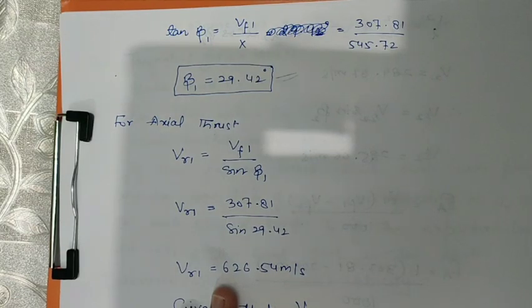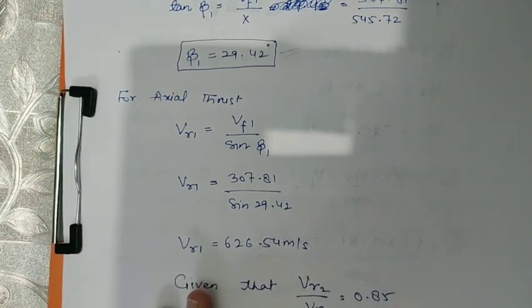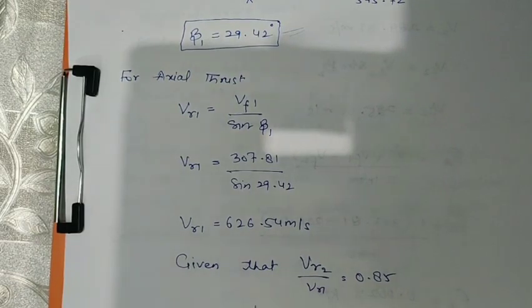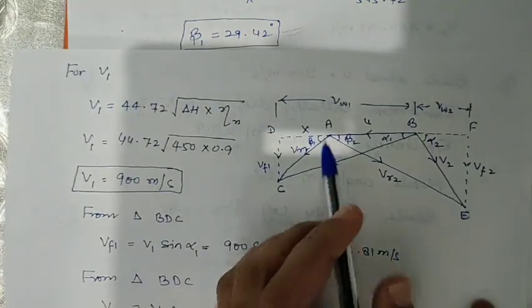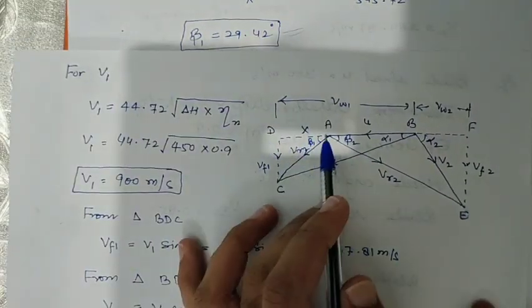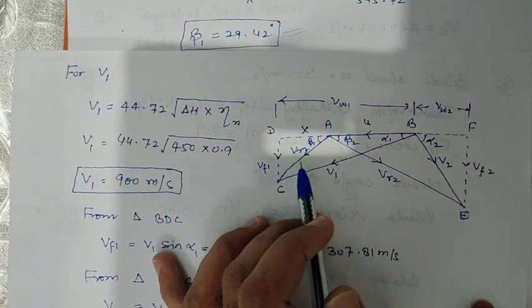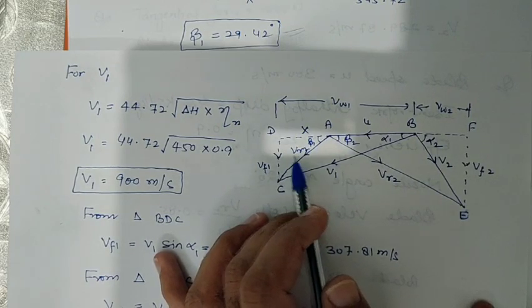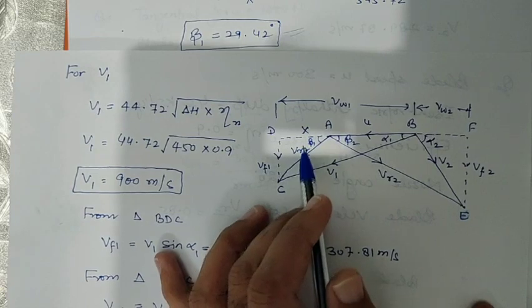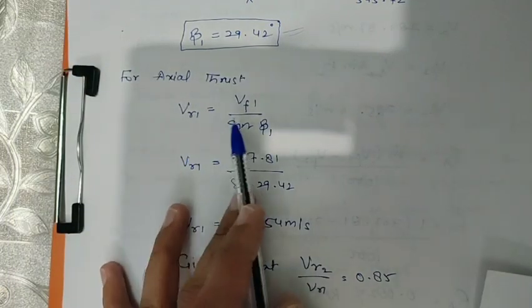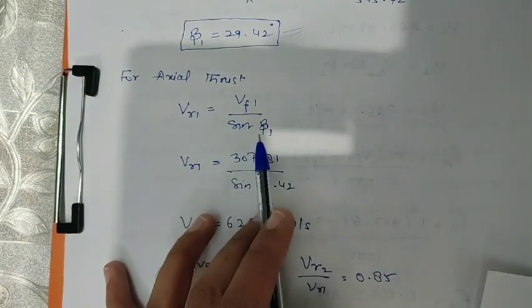Now the second one is the axial thrust. Again we will take triangle ADC, because VF1 is known, X is known, and we can calculate VR1 from here. So VR1 is equal to VF1 divided by sin beta 1.